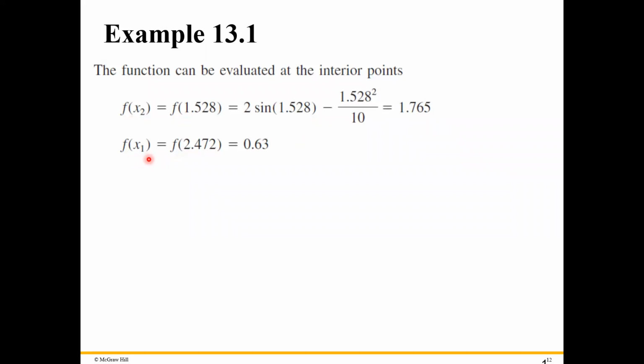The value of the function f(x1) is 0.63. So now you can see that the second condition is met in this case, because f(x2) is greater than f(x1). Because f(x2) is greater than f(x1), it shows that the value of the function is decreasing from x2 to x1.